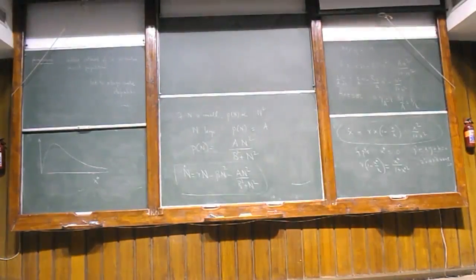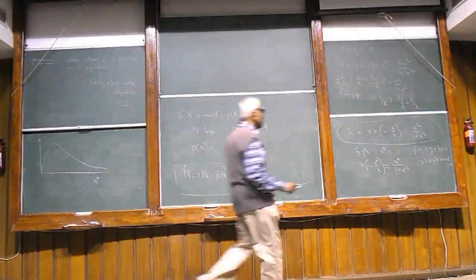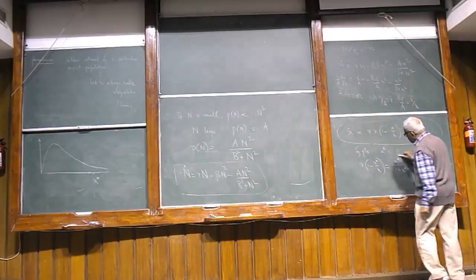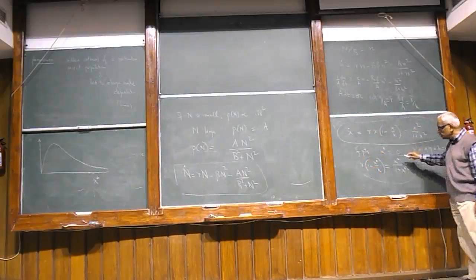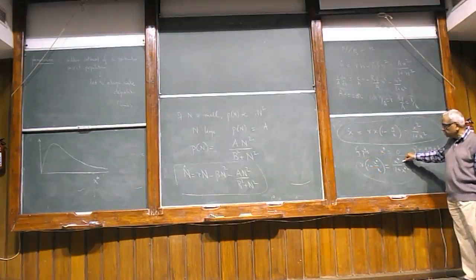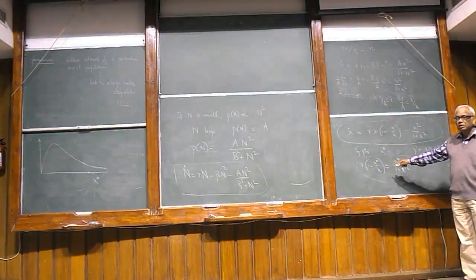So I'm drawing the right hand side and I'll draw the left hand side, because I'm trying to solve for x star from over here. And look for the intersections.